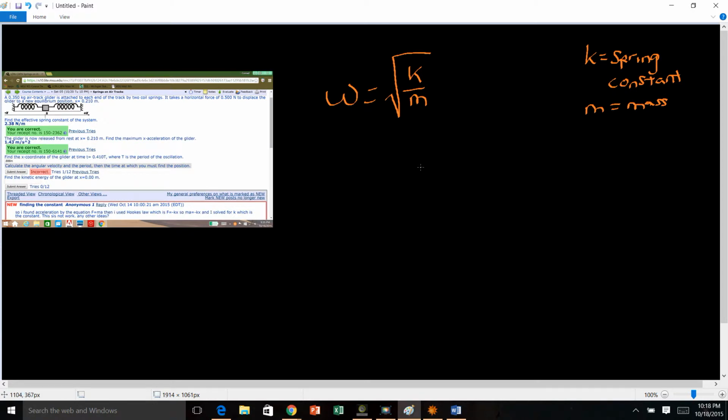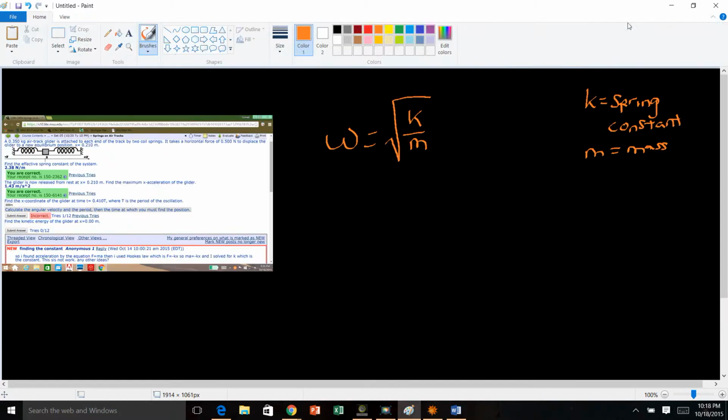So all we have to do is plug in our spring constant, which you have. You answered that right, which is 2.38 Newton meters. So we'll just plug and chug. I'll use a different color for this. Let's use green, since you got that one right.